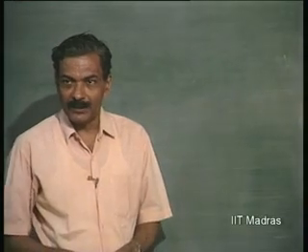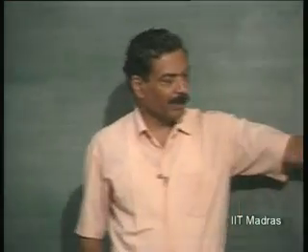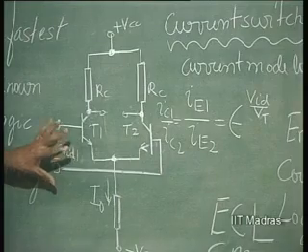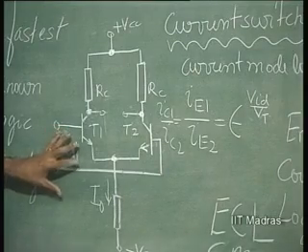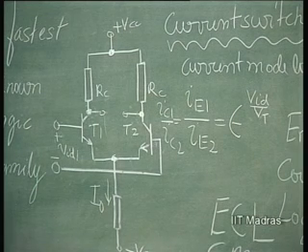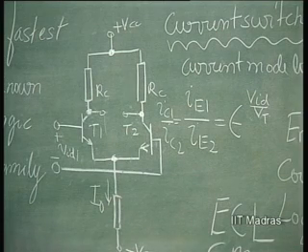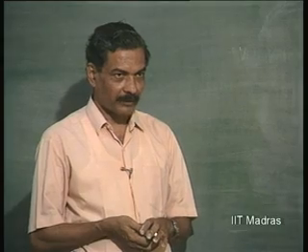This we did in the case of BJT common emitter configuration as well. What should be the magnitude of VID if it is a sinusoid that I should apply here in order to retain distortion at the output lower than a specific value. And this will also facilitate comparing this with that of common emitter amplifier.